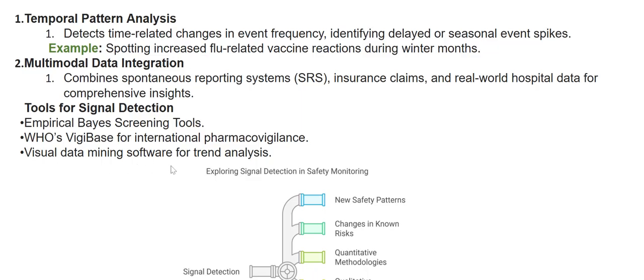Also visual data mining software for trend analysis. Here's a summarized diagram exploring signal detection and safety monitoring. In signal detection, we have new safety patterns, changes in known risks, quantitative methods, qualitative methods, proportional reporting ratio, PRR, and reporting odds ratio, ROR.